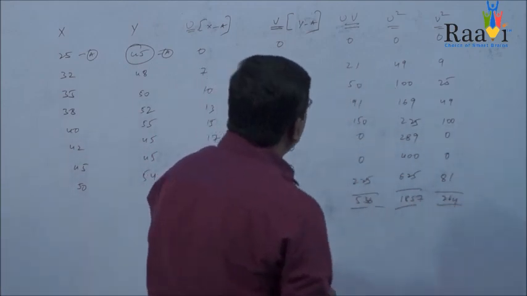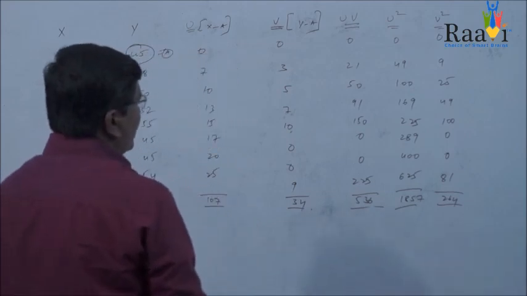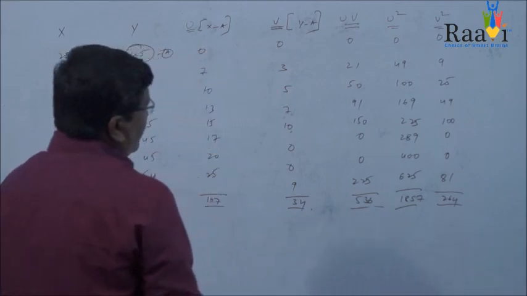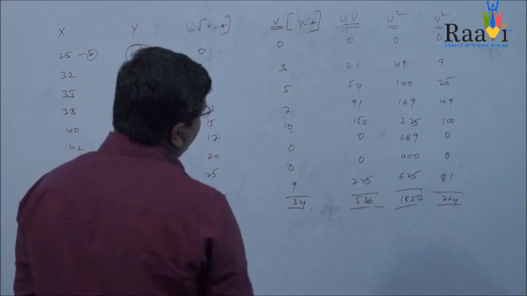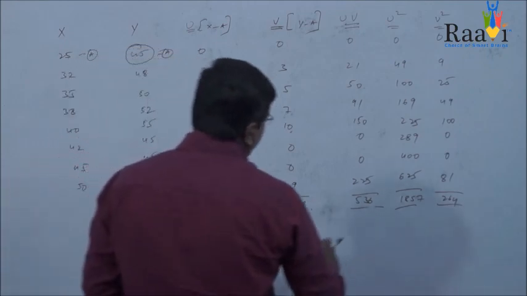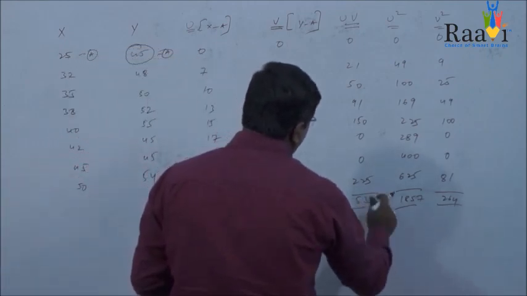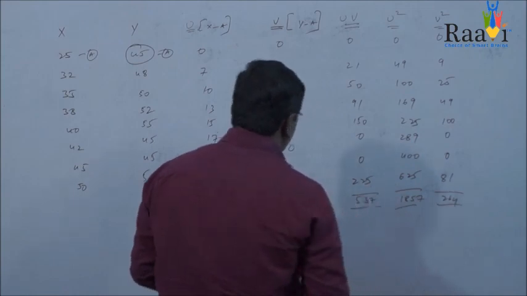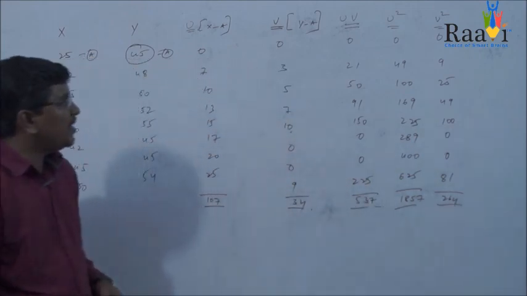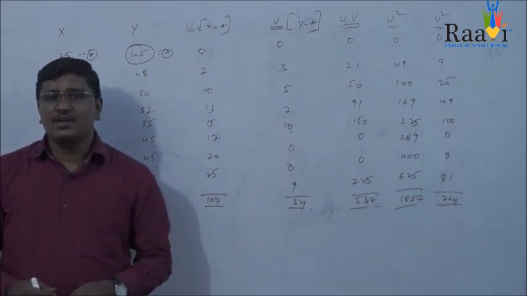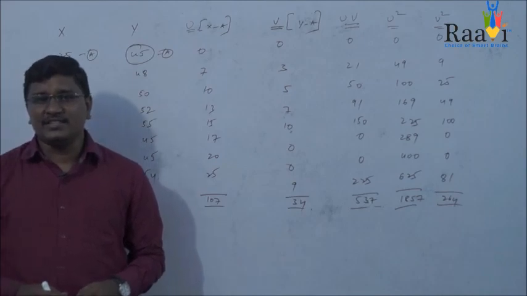So the total of uv, 21 plus 50 plus 91 plus 150 plus 225, sorry, it is not 536, it is 537. So by using this information, we will be calculating the Karl Pearson coefficient of correlation.